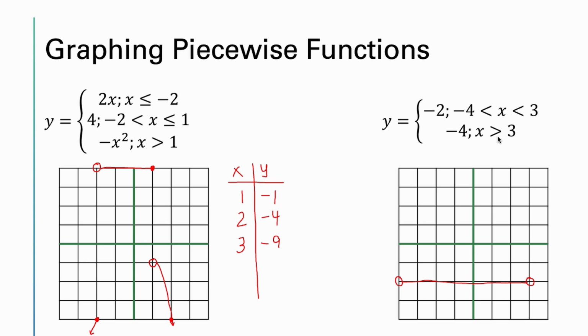And since it's not including that, we just put an open dot at 3, but we plug in this into the rule and we get -4. So we put it at 3, -4, which is here. And since it's all values greater than 3, we just put this here and an arrow to symbolize that it goes on forever in this direction.